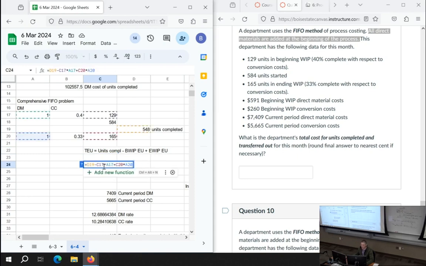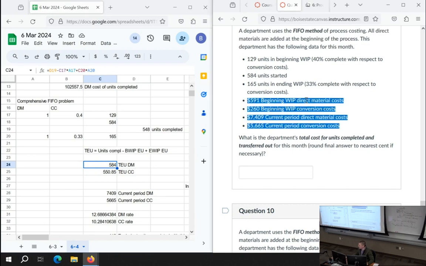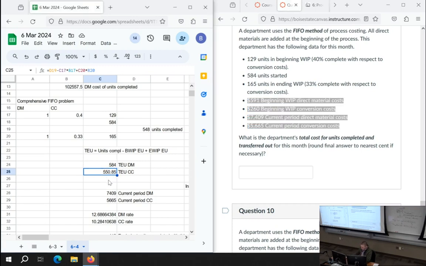And then I calculated them. If you were watching, I did something weird at the end where I copied and pasted them to rearrange them. That's because when I started, I did CC first. And then I realized at the end, if I'm going to go over these, they're going to be in the opposite order, direct materials, then conversion costs. So I copied and pasted and reversed them. So yeah, we have direct materials first, because I know eventually we're going to need that order. That'll be easier to copy over at least.